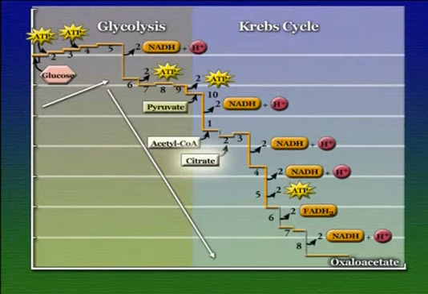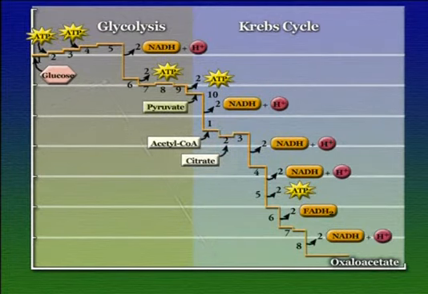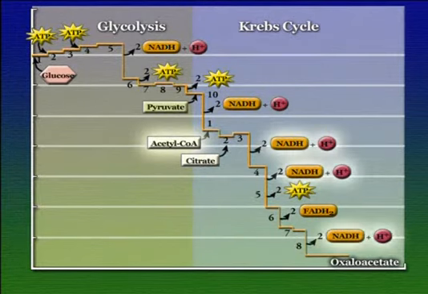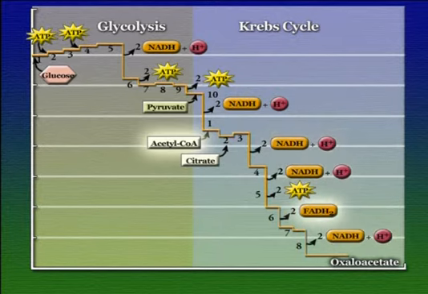And as these reactions run downhill energetically, not only do we lose a couple of carbons along the way, but we also capture some energy in a couple of ways. Specifically, for every molecule of acetyl-CoA that goes into the Krebs cycle, we get 3 molecules of NAD+ being reduced to NADH, and a molecule of that other electron carrier, FAD, being reduced, that means picking up electrons, to become FADH2.